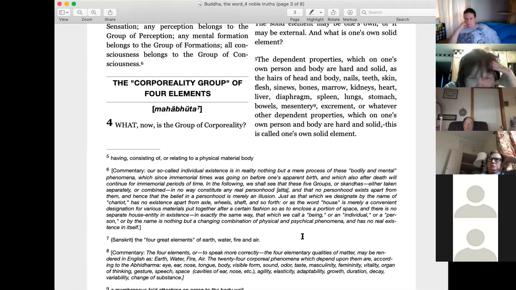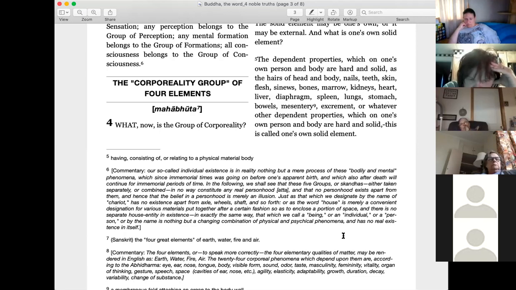Or as the word house is merely a convenient designation for various materials put together after a certain fashion, so as to enclose a portion of space, and there is no separate house entity in existence, in exactly the same way that which we call a being, or an individual, or a person, or by the name, is nothing but a changing combination of physical and psychical phenomena and has no real existence in itself.